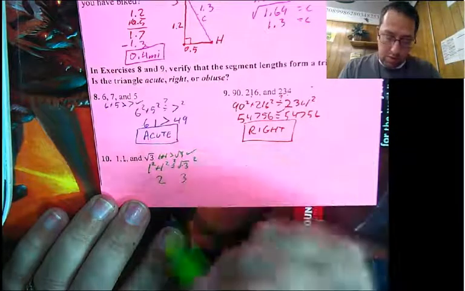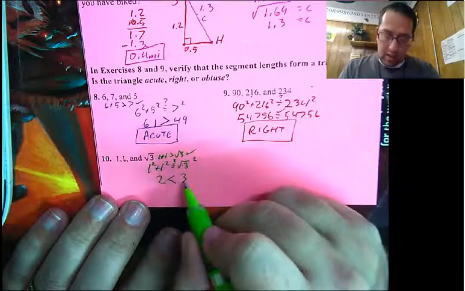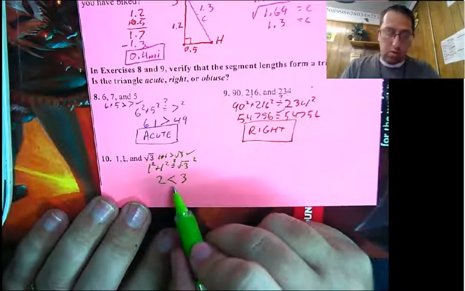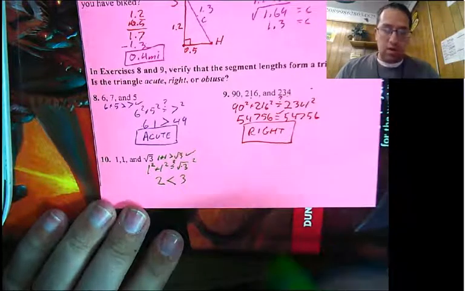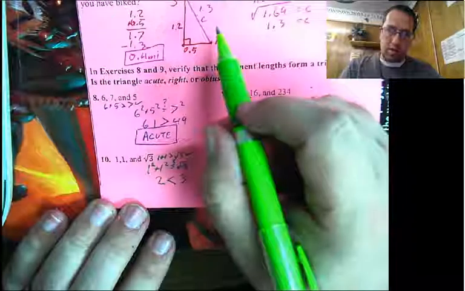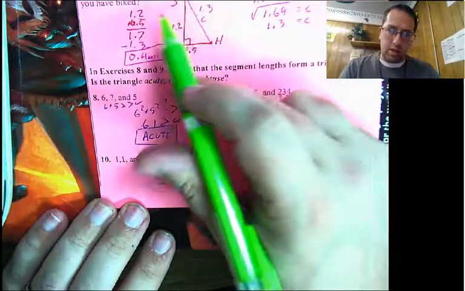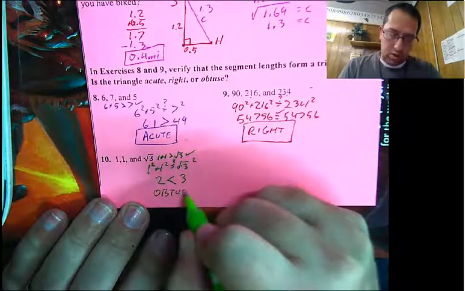You end up with 3. And so here we have that C squared is longer than A squared plus B squared, which means it's too big. It's not going to fit. And so we can't make it a right triangle because our C is too big and it's going to push the side out over to the side, and this is going to be obtuse.